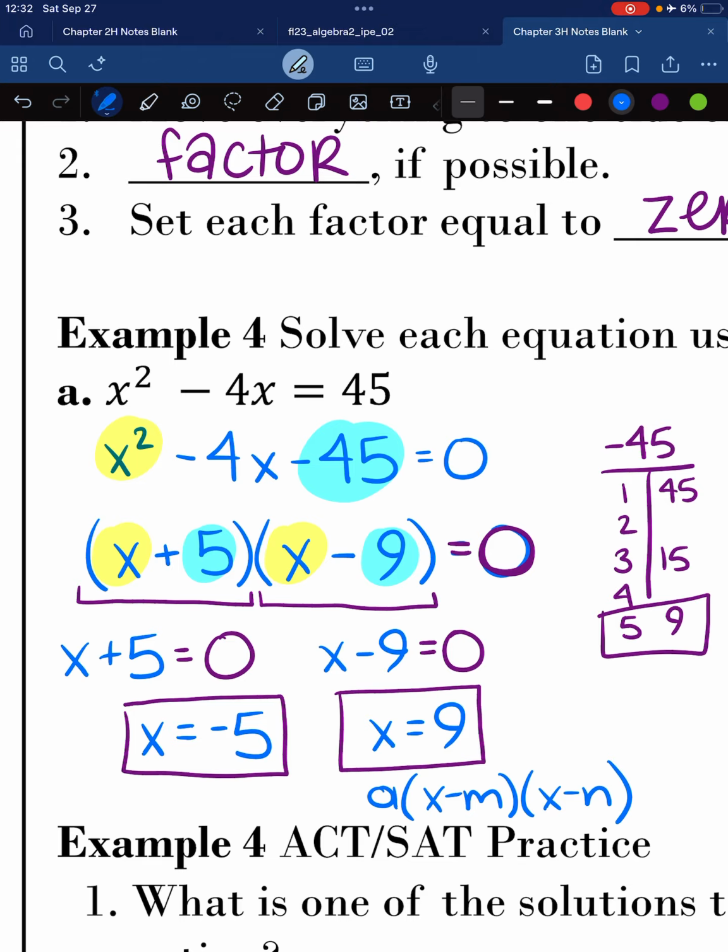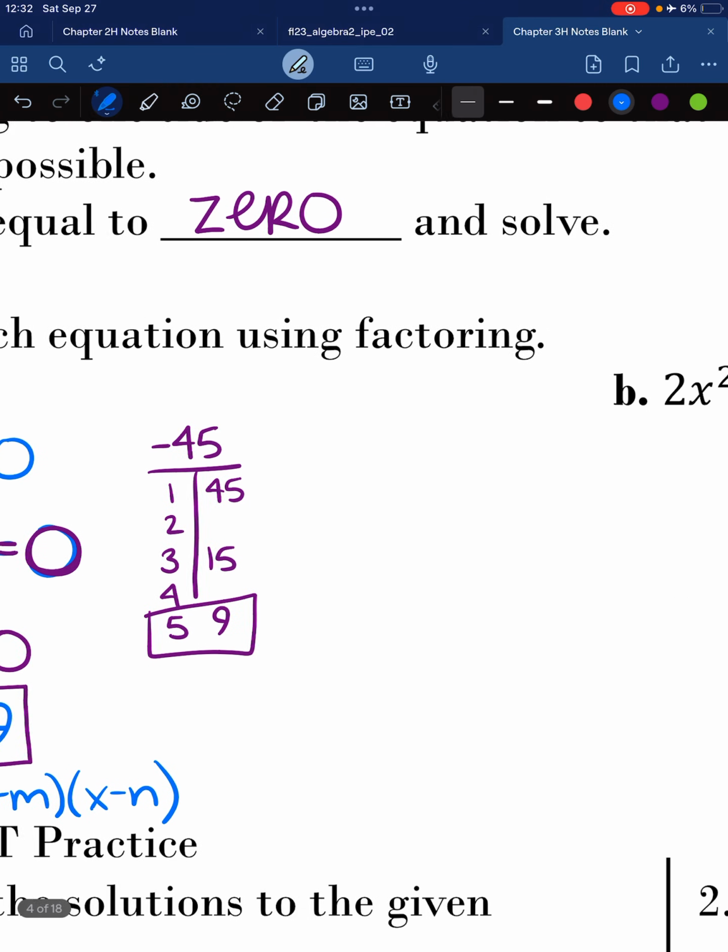We talked about that in chapter 2. We know that m and n have opposite signs in the equation as their corresponding zero values do. And this is the reason why. It's because of the zero product property in action.